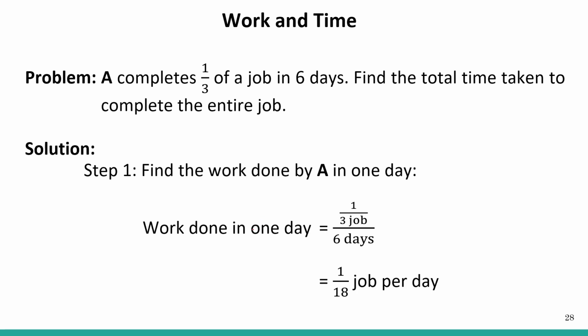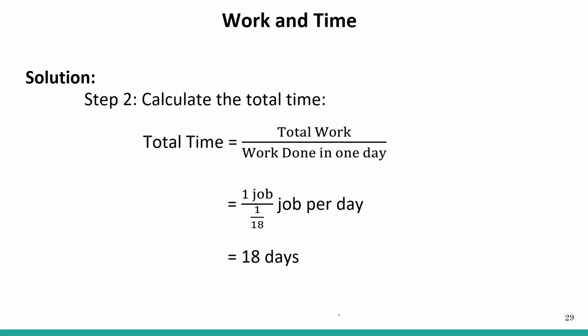First we find the work done by A in 1 day: 1/3 of the job divided by 6 days is 1/18 job per day. Step 2 is calculating the total time, which is total work divided by work done in 1 day: 1 job divided by 1/18 is 18 days.